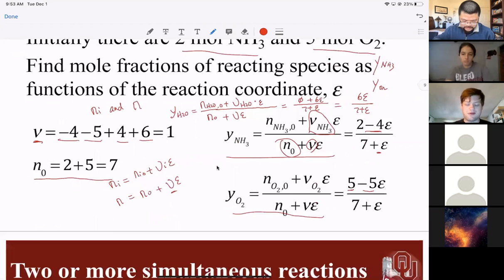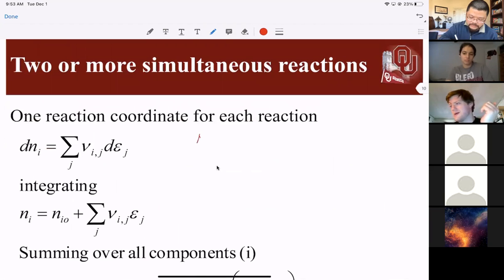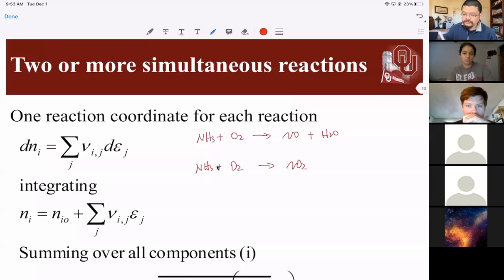Okay. So now let's try to look at more reactions. All right. So using the previous example, we can easily come up with, well, this is to NO and water. And I could easily manipulate NO2 and water, right?